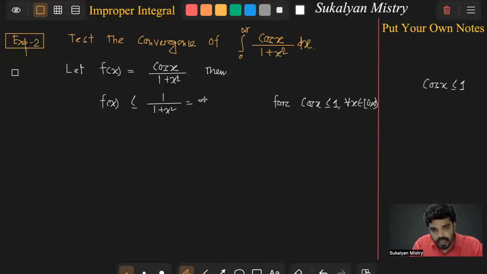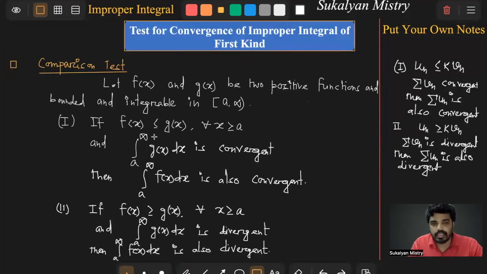We consider this as g(x). So ultimately we get f(x) is less than or equal to g(x).